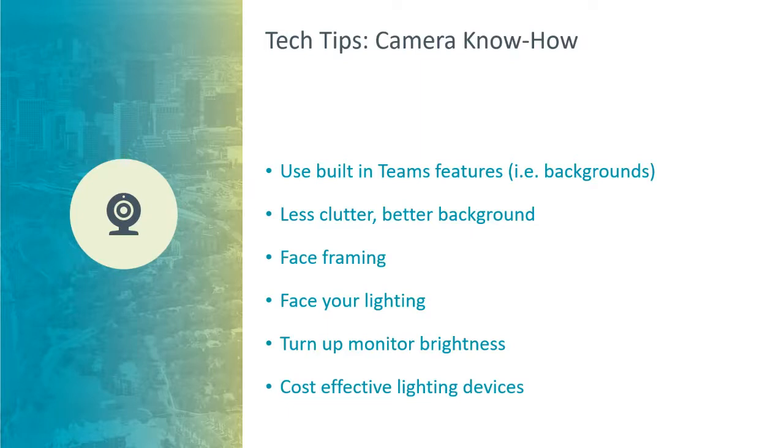So a quick example of how the lighting can dramatically impact my video. I have some nice lights for my video right now. I'm going to go ahead and turn them off and show you the difference.